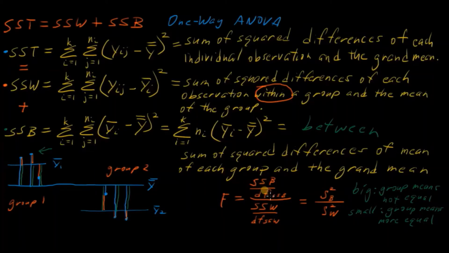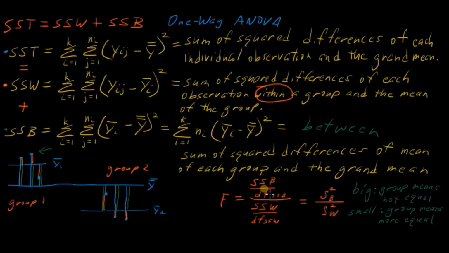Even though I'm not teaching how to do an ANOVA test right now, the big picture, real quickly, is that you would get your F statistic based on the ratio of this and this. You put the between groups on top and the within groups on the bottom.